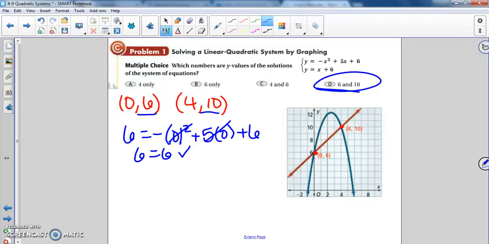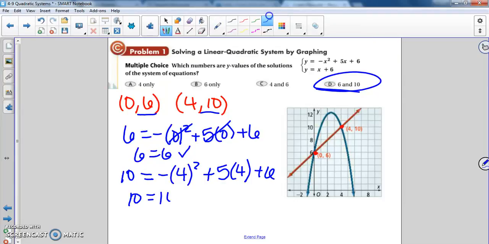And you would keep going with 4: 10 is equal to the opposite of 4 squared plus 5 times 4 plus 6. And 10 is equal to 10. Check. You would then also check in the second equation, but for time's sake, I'm going to keep going.